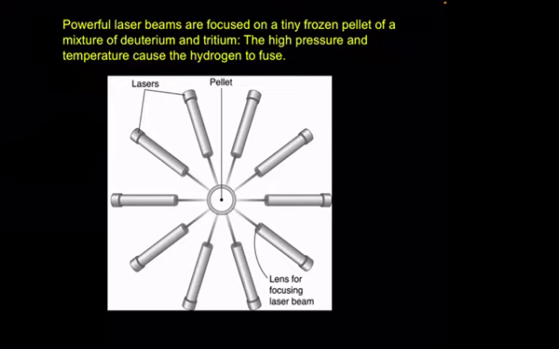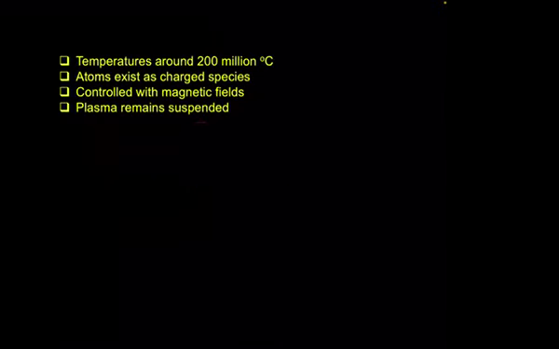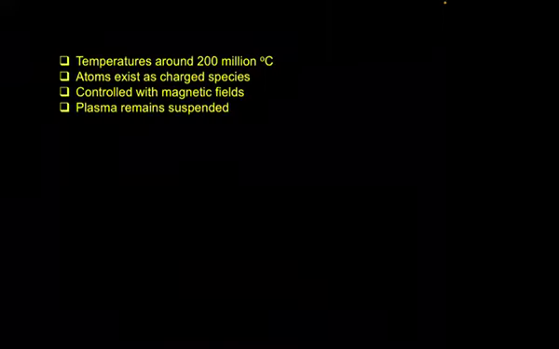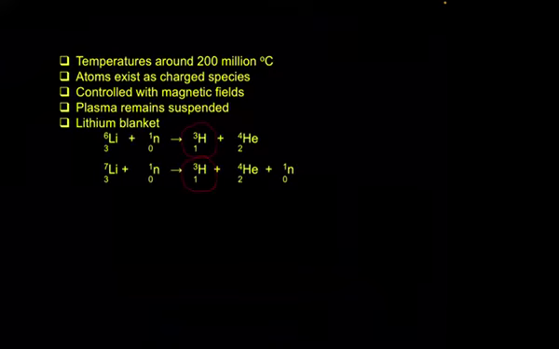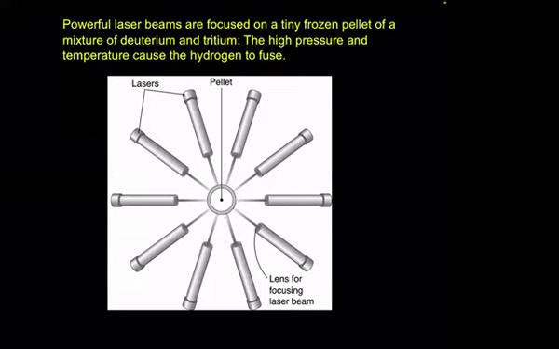I don't think they are. So no, because there's no lithium blanket with this, I don't believe. So it might be that they're just getting tritium from water, just like they're getting deuterium. So this is called inertial confinement rather than magnetic confinement.